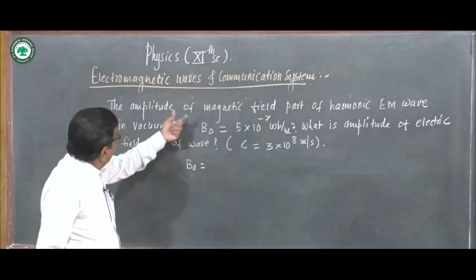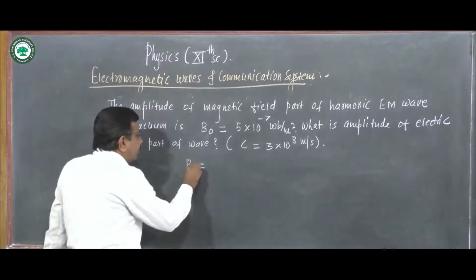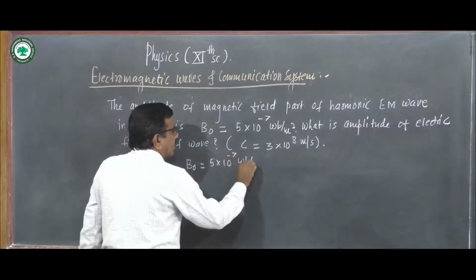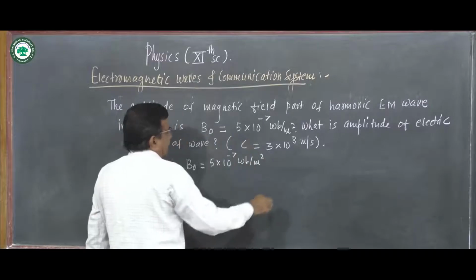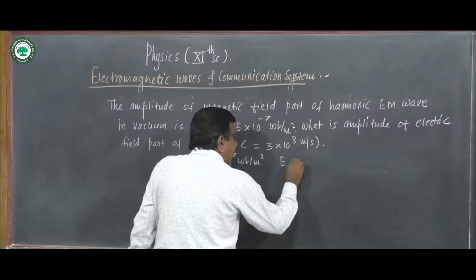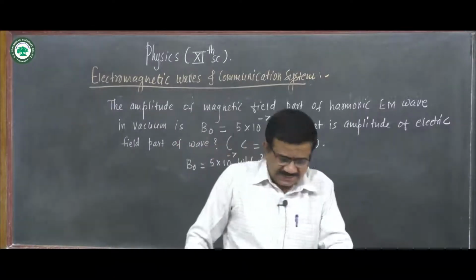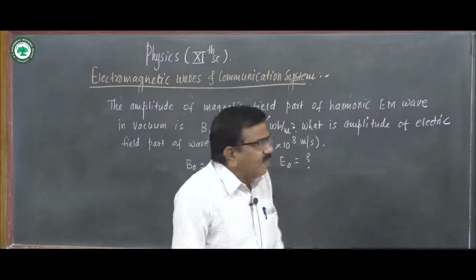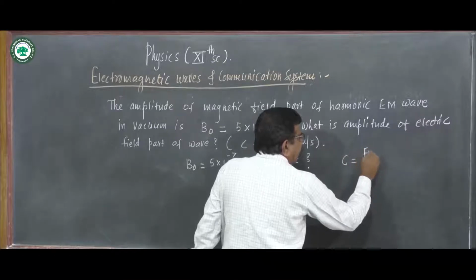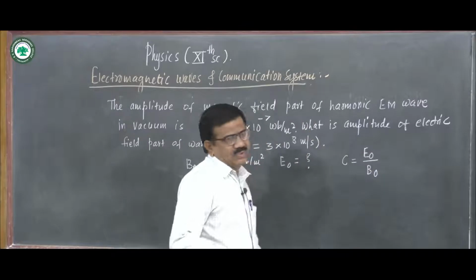B0 is the amplitude of the magnetic field part of the harmonic EM wave, 5 into 10 raised to minus 7 Weber per meter square. C is given, and we have to find the amplitude of the electric field part, that is E0. We know the formula, C is equal to electric field amplitude upon magnetic field amplitude.